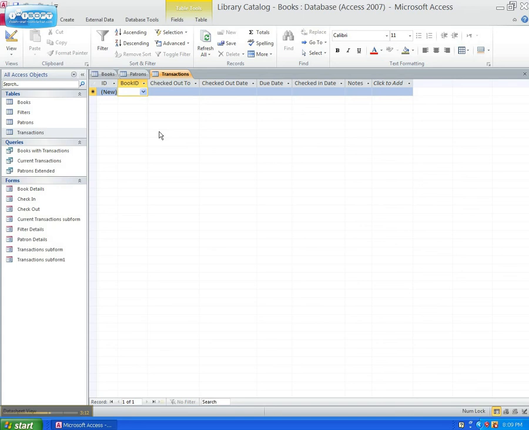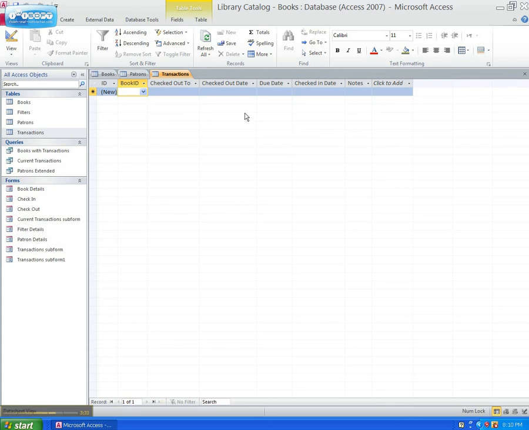So now instead of having a big row with a bunch of data in it, we're looking at just really two fields and then some more data, when it was checked out, when it was due, stuff that's specific to the transaction. So that's the thing about relational databases, is you want to keep your tables limited to just the data that is specific to that table type.